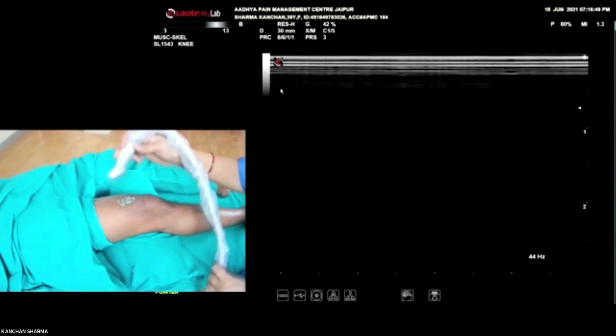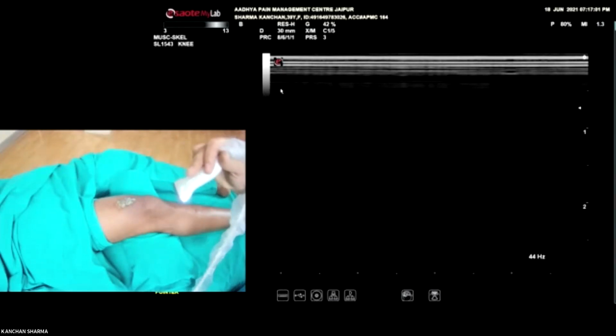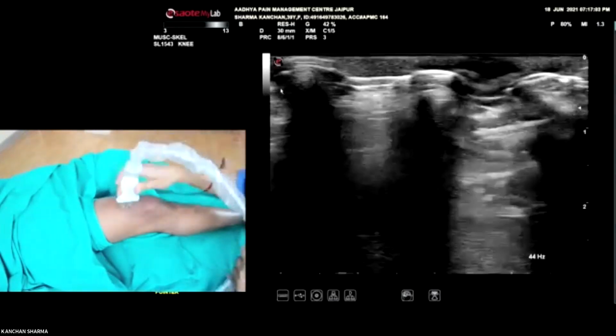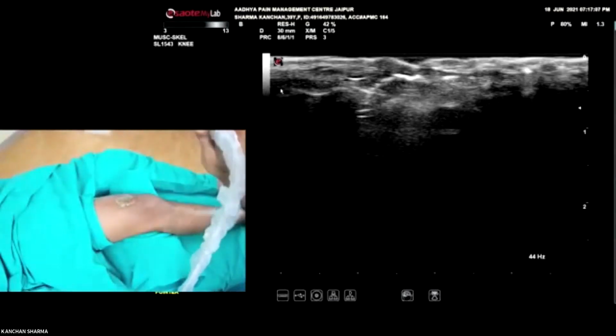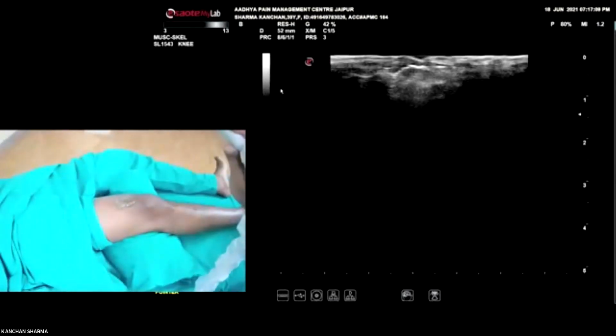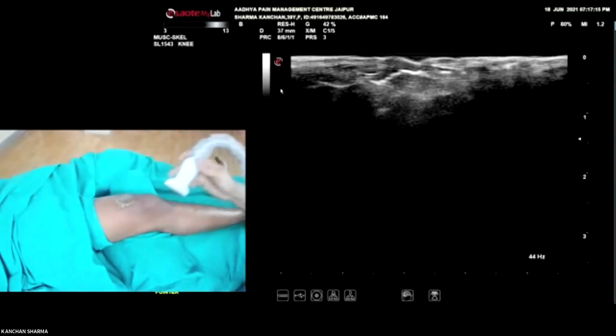But if I'm rotating my probe like this, I am looking at the quadriceps muscle, but now I'm looking at it in the short axis. Fine, this is what I discussed about the short and the long axis. Do not try to learn this now, because we will be learning all this in our knee class. Just try to understand the axis and get yourself oriented to the long and the short axis.